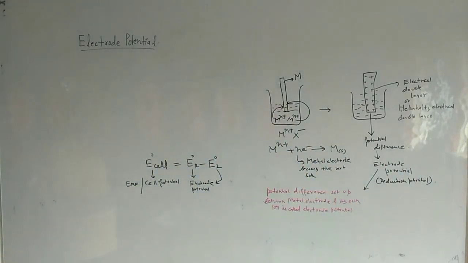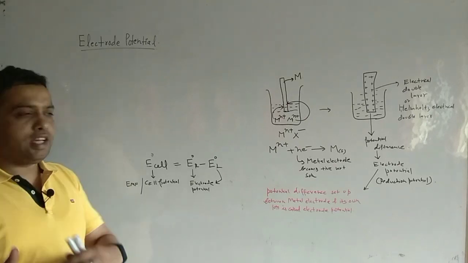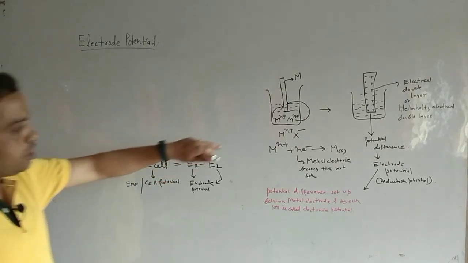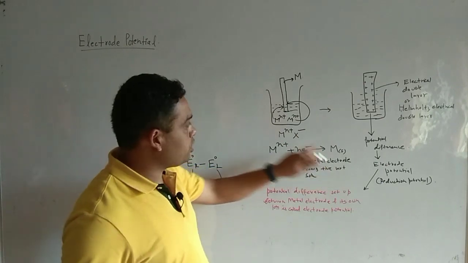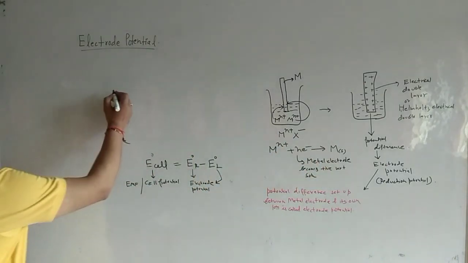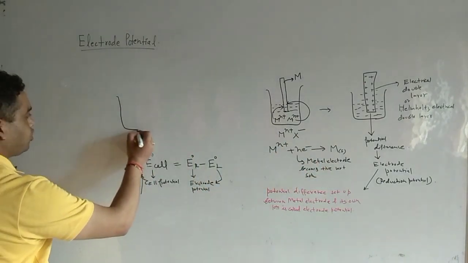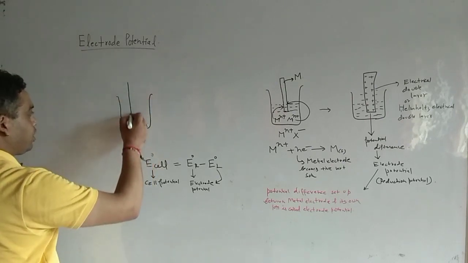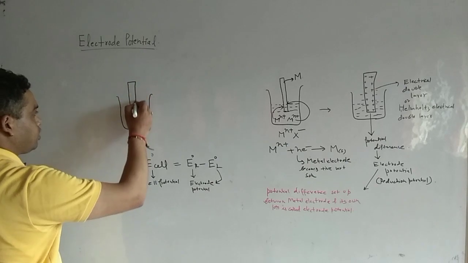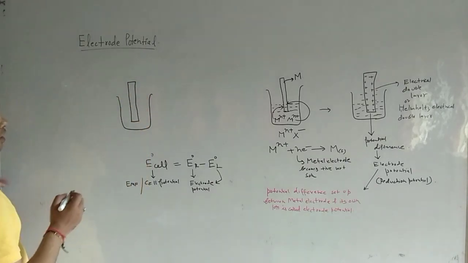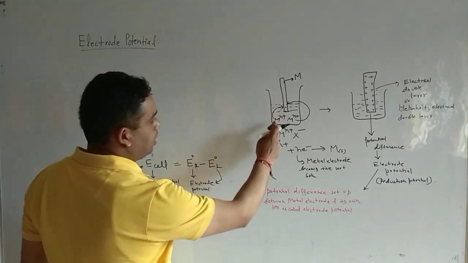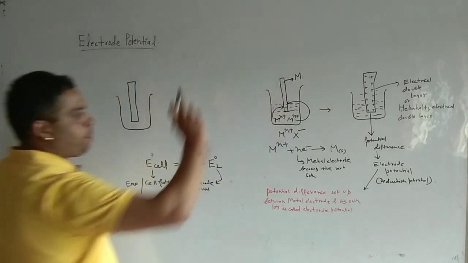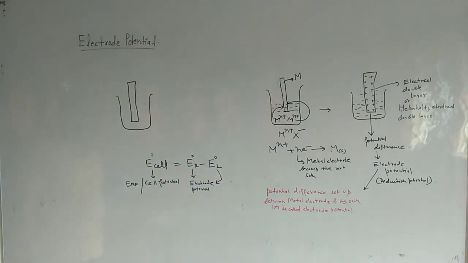To give you a clearer idea, I am explaining the setup of the electrode potential with the help of a second situation which may be possible. This is your metal electrode, right? In the first case, the ions were depositing on the metal electrode.